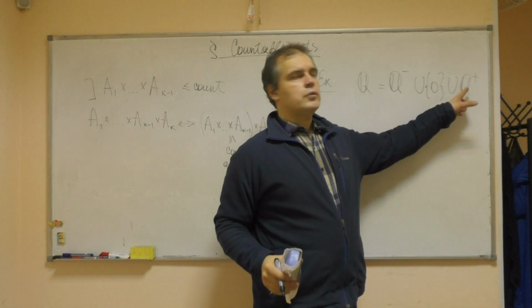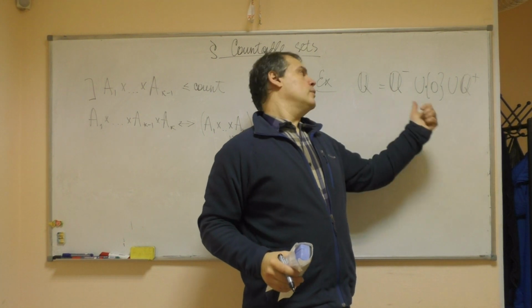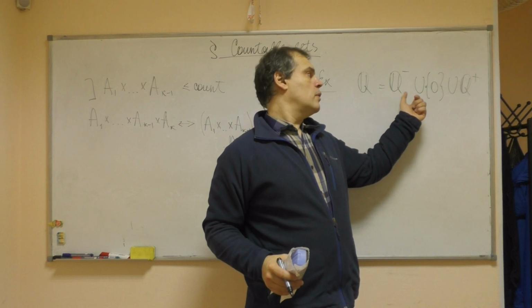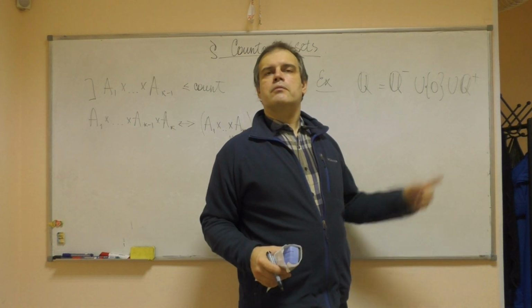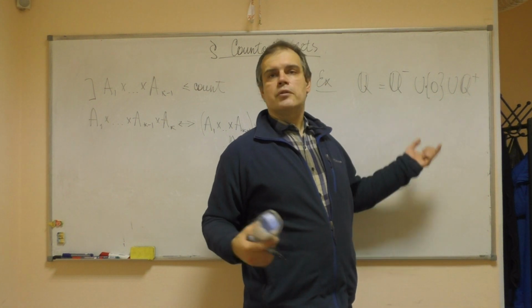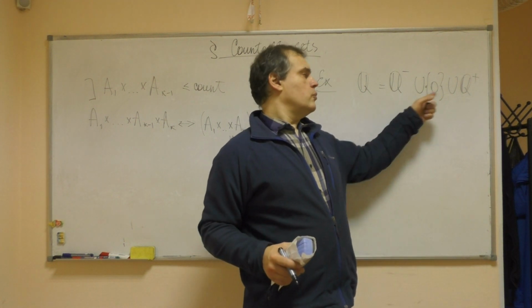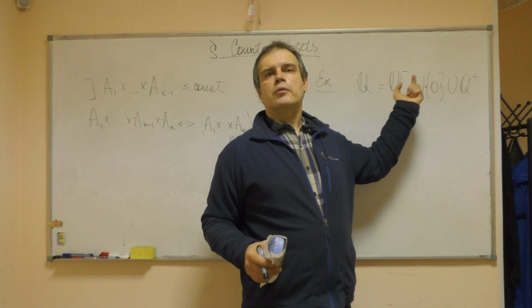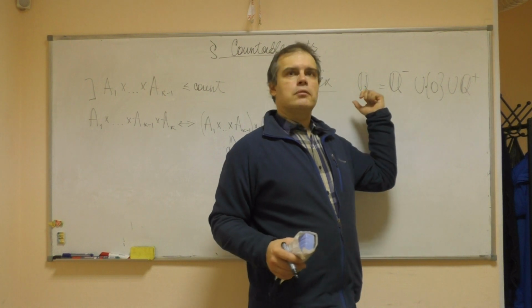We have proved that this set is countable. Similarly, it can be proved for the negative set, and 0 is obviously finite. So the union of three sets, 2 countable and 1 finite, is countable.